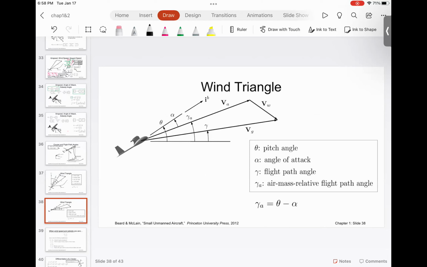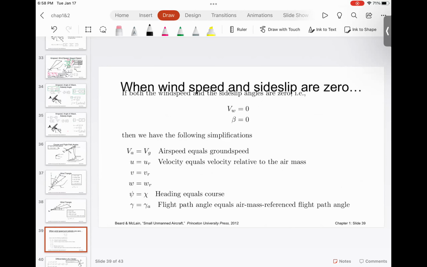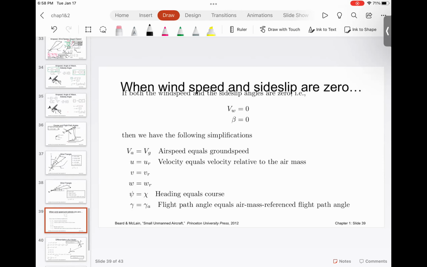So these are the angles that are very important. And when the wind speed and side slip are 0, Vw is 0, beta is 0, airspeed is equal to ground speed, and then this analysis becomes super easy.